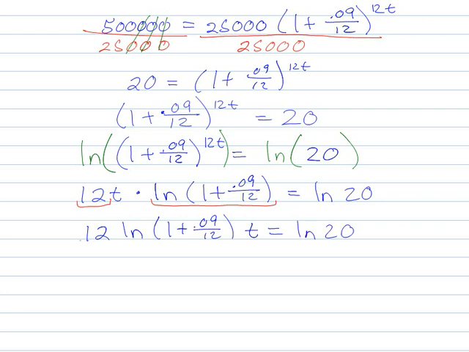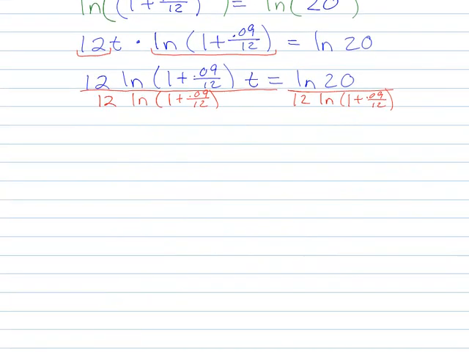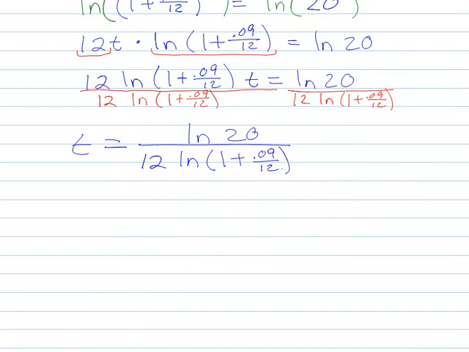And since this 12 natural log of blah blah blah is just a number, I can get rid of it by dividing it out on both sides. Now I've got this in no way beautiful equation: t equals the natural log of 20 over 12 times the natural log of 1 plus 0.09 over 12.